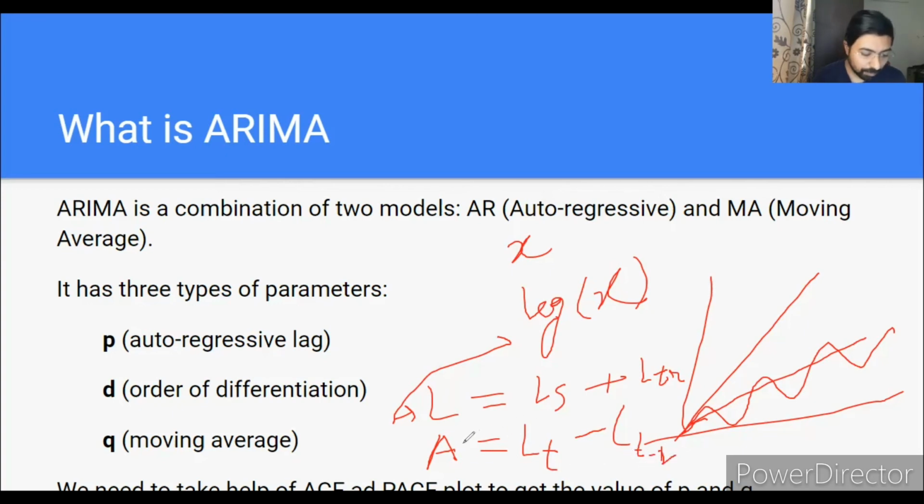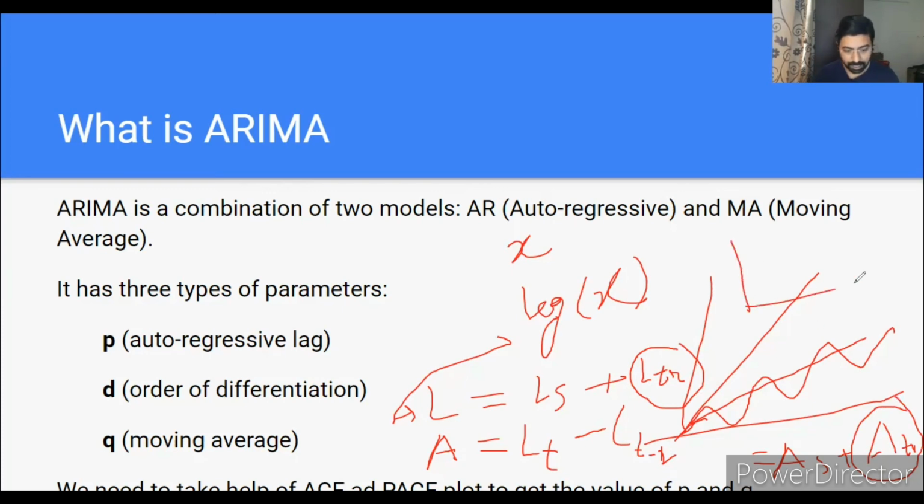Now this A also has two parts: one is the A stationary and another is the A trend. If I subtract A from L, then what is the common part? The trend part. The A trend and L trend are almost the same.